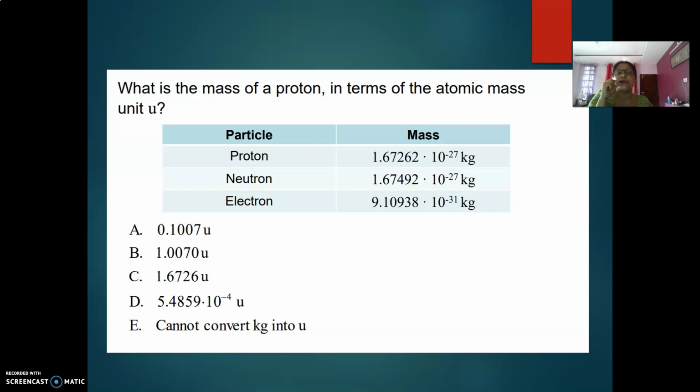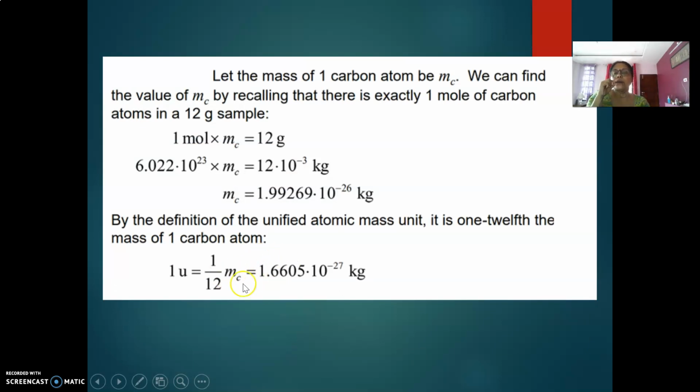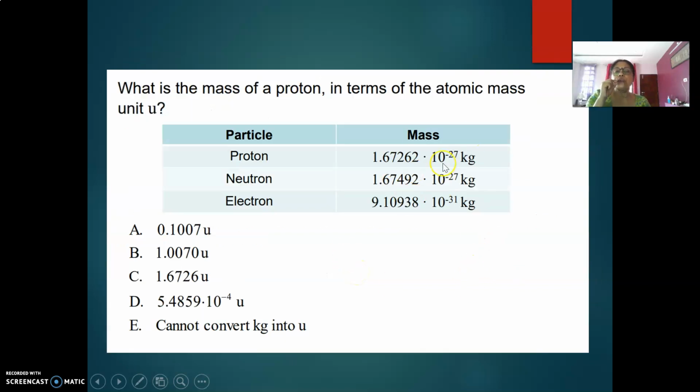A little earlier, in the previous problem, we found that one atomic mass unit is this amount of mass in kilograms. So from that question, you just convert these particular units into atomic mass unit. So what will be the answer?